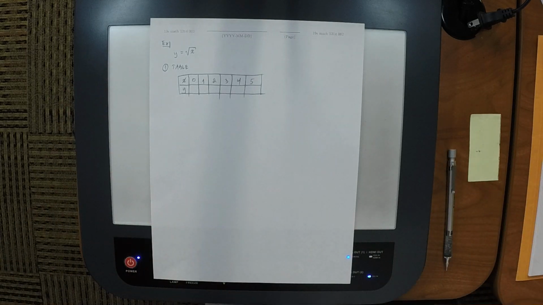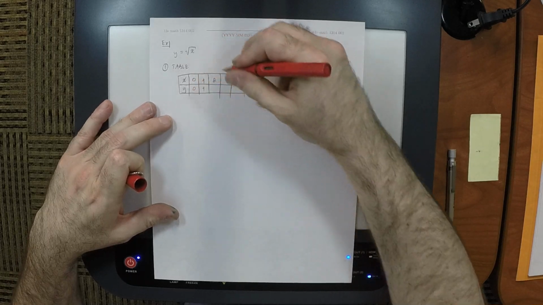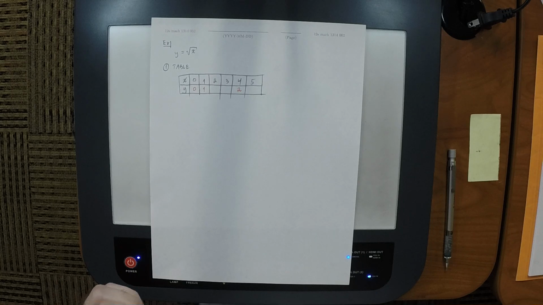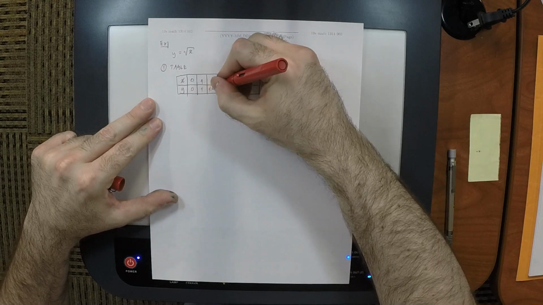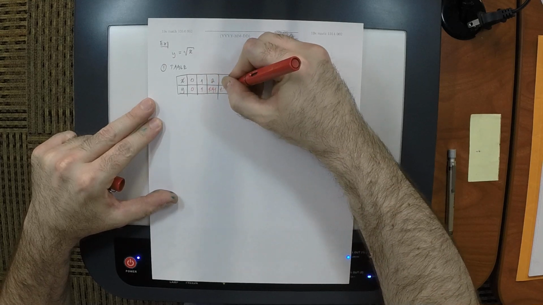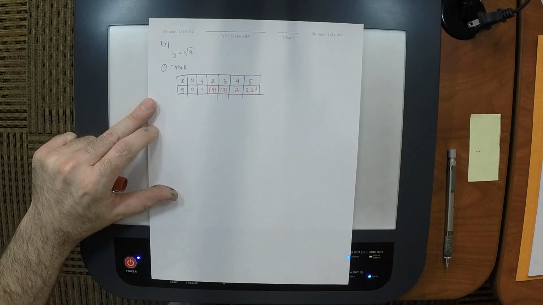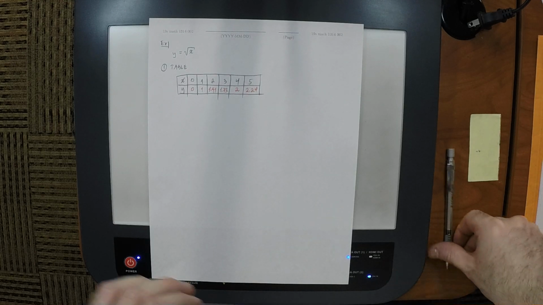Some of those values you can do in your head, like square root of 0 is 0, square root of 1 is 1, square root of 4 is 2. The other ones you can do with a calculator if you don't already have them memorized. I have them memorized, so 1.41-ish, 1.73-ish, and 2.24-ish. You can verify that with a calculator if you care to. So now let's plot that.